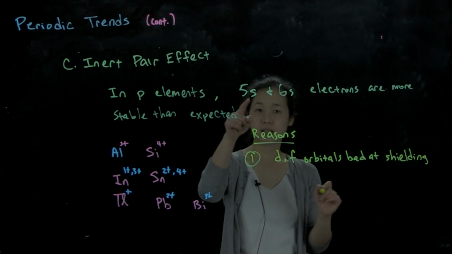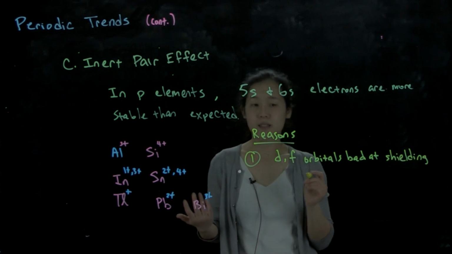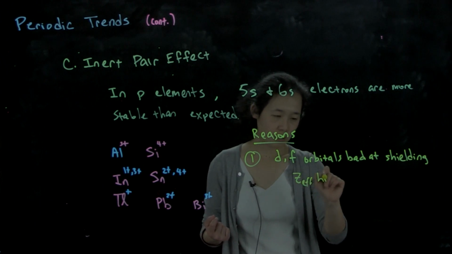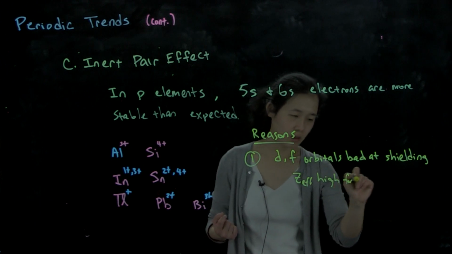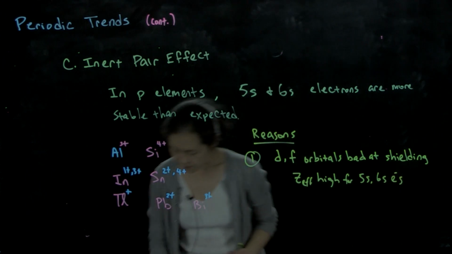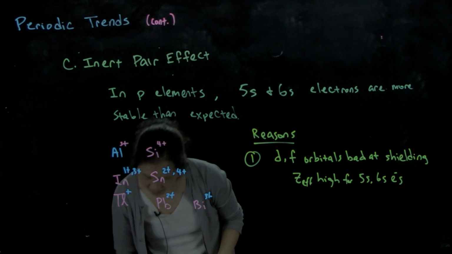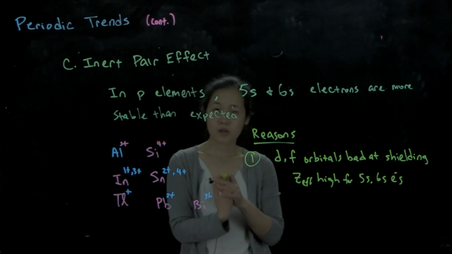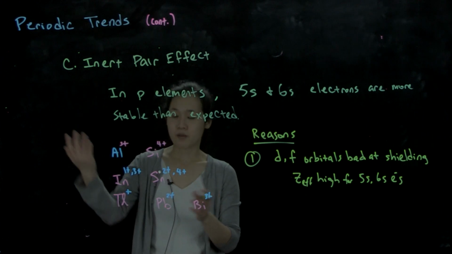So these 5s and 6s electrons see a quite high Z effective. And then because of that, they're more tightly bound to the nucleus. You can't excite them out as readily.